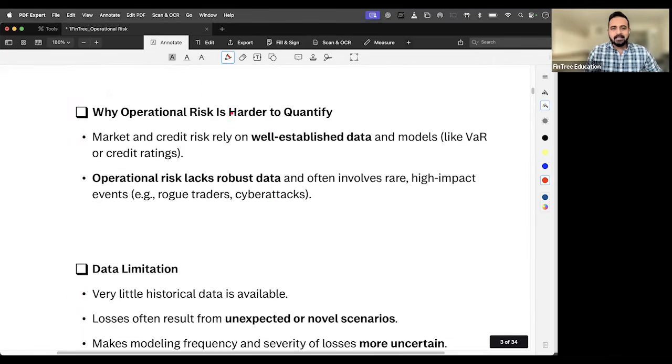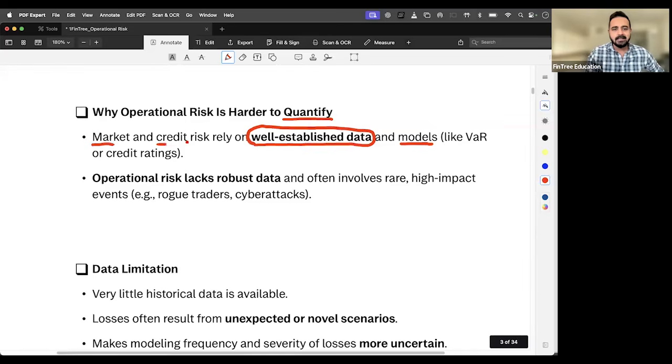Now, why is operational risk harder to quantify? Primarily for 2 reasons. Number one, for market risk and credit risk, we have access to a lot of data, and there are very well established models, for example, value at risk or credit rating.